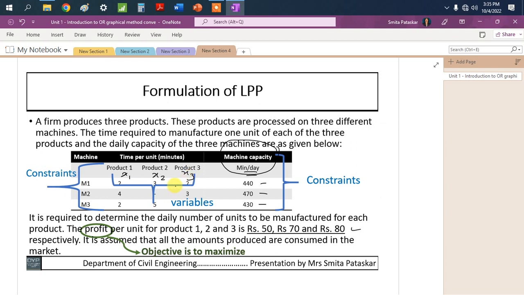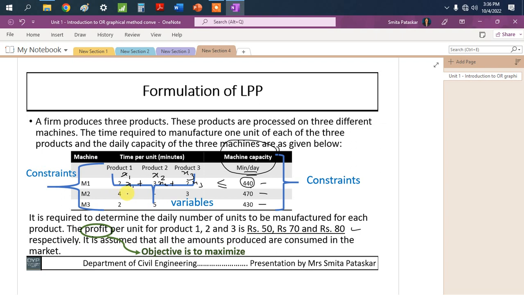For m1, 2 minutes are required for x1, 3 minutes for x2, that is product 2, and for product 3 2 minutes are required, whereas the machine capacity is given as 440. So I can write it as 2x1 plus 3x2 plus 2x3. The capacity is given as 440, that means our inequality sign has to be less than or equal to.